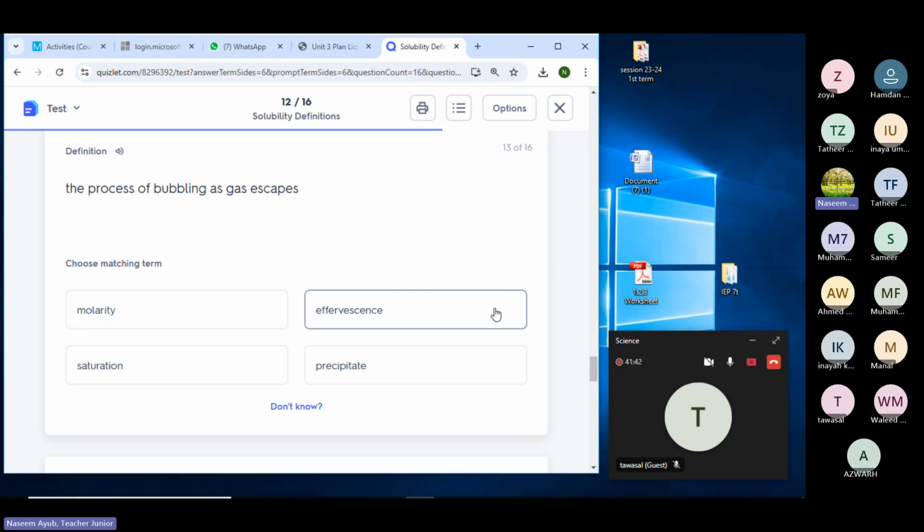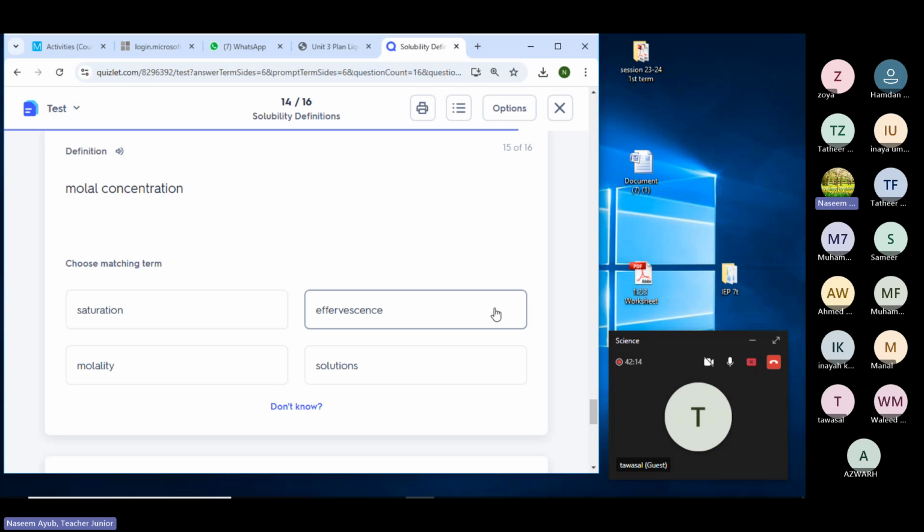The process of bubbling as gas escapes. Do you remember what this definition was? Effervescence. Yes, effervescence. Concentration measured by the number of moles of solute per liter of solution: molarity.